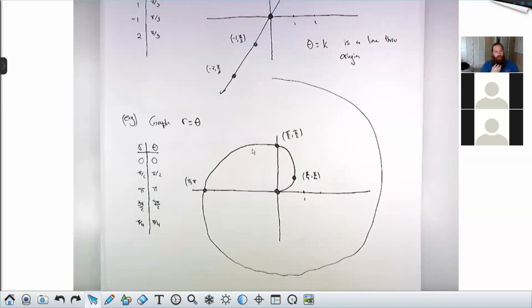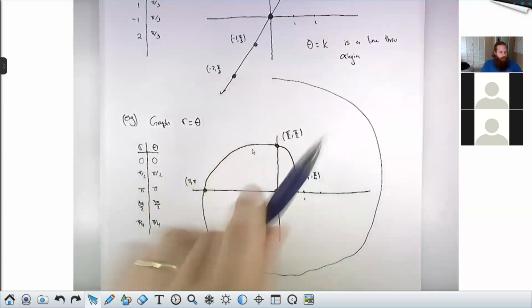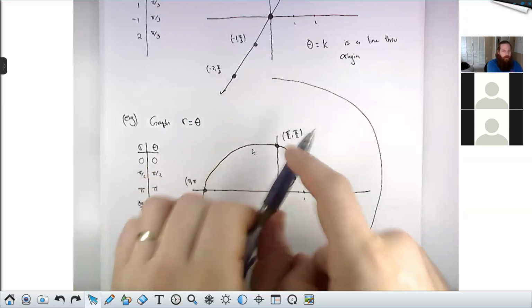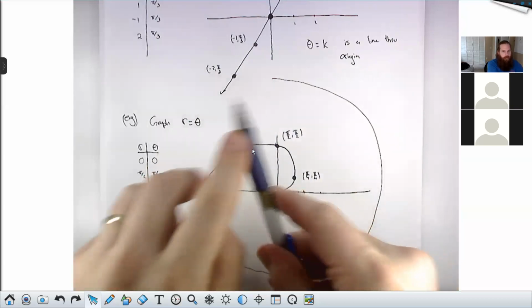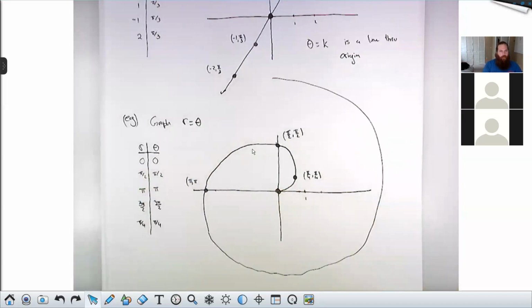It's a spiral. I think of this as a little arm swinging around and a little guy walking out along that arm as it swings. This is what's called an Archimedean spiral.